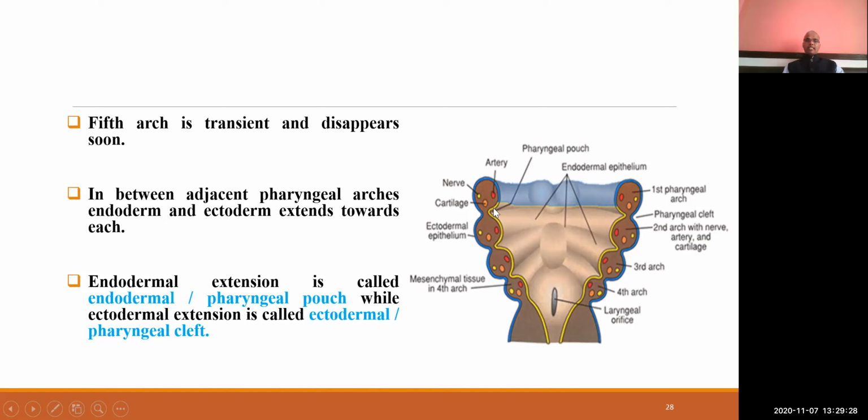The endodermal extension is called the pharyngeal pouch, this yellow color, while the ectodermal extension is called the pharyngeal cleft, this blue color. These are the first arch, mandibular, the second arch, hyoid, and the third, fourth, and fifth.